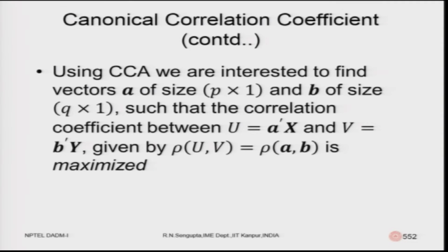Simultaneously, we want to find a vector B, which is q cross 1, corresponding to the y random variables of size q, such that these vectors A and B give me the relationship between x and y. Given some observable information and some theoretical information, I will not use the word predict, you want to find out what the relationship between x and y is, and to what degree.